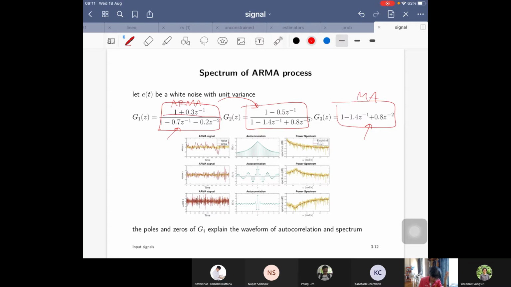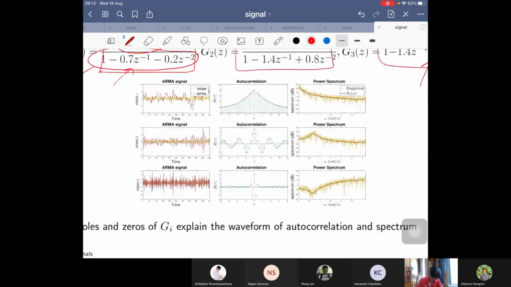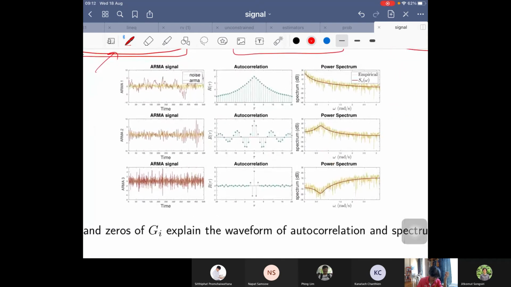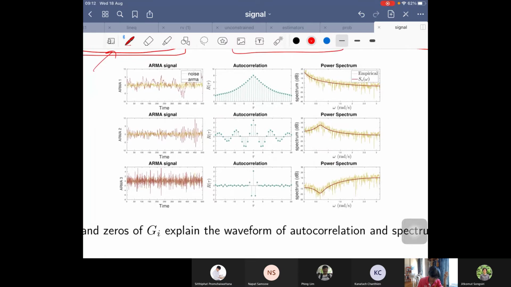The autoregressive part gives you the locations of the poles. The numerator, which is the moving average part, gives you the locations of the zeros. If I zoom in, the red one is the ARMA process. The yellow one is the noise, which is similar to white noise.